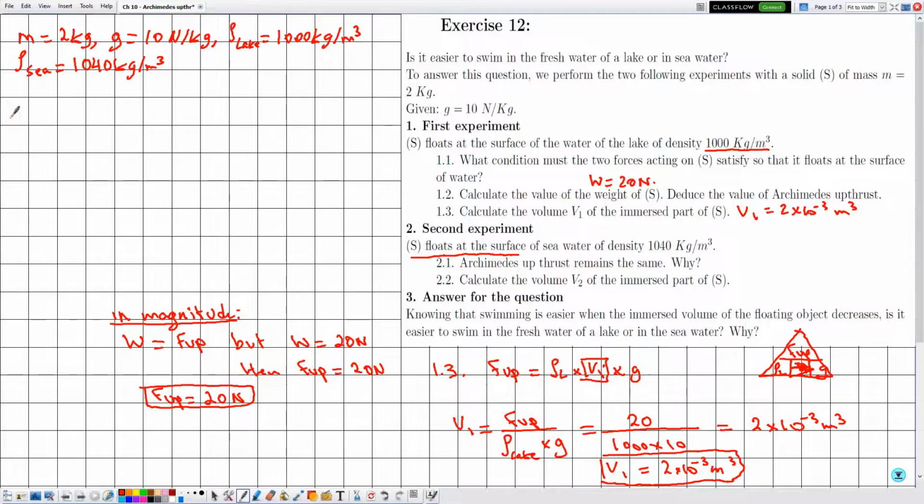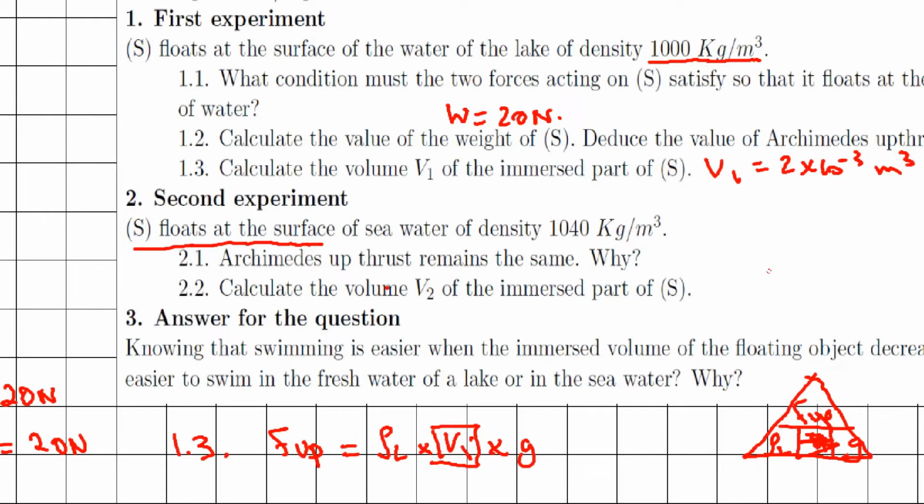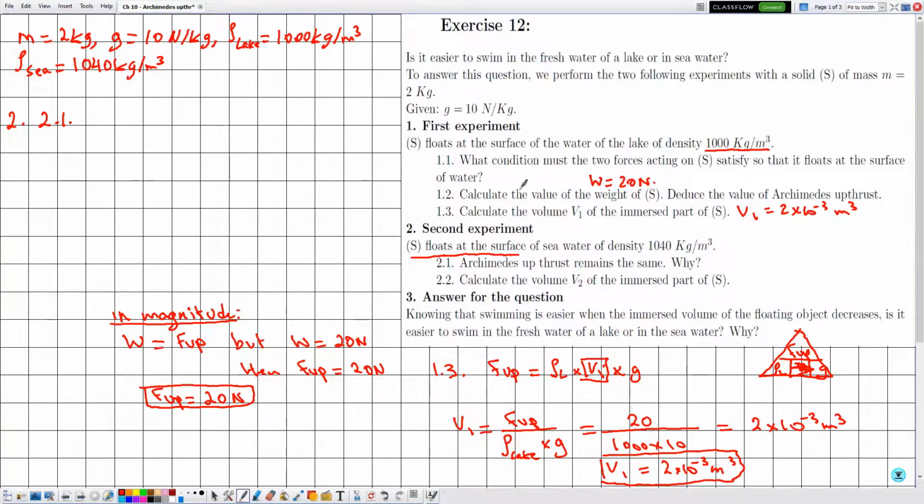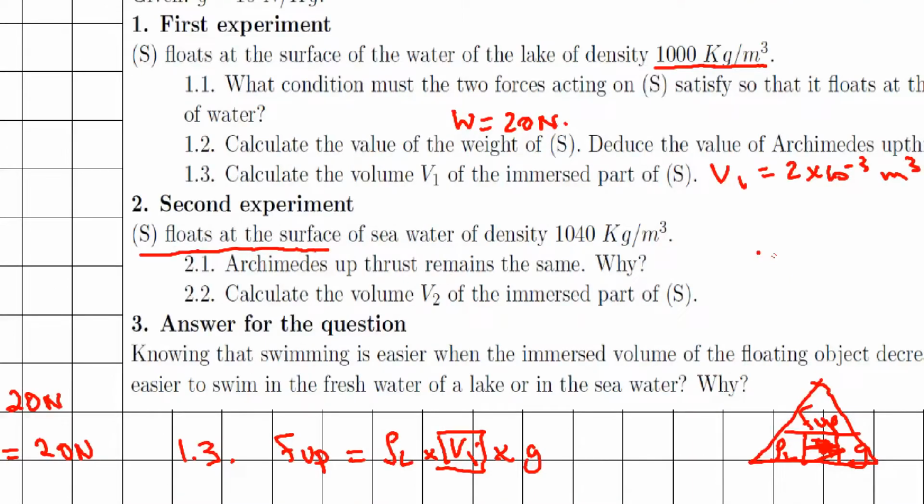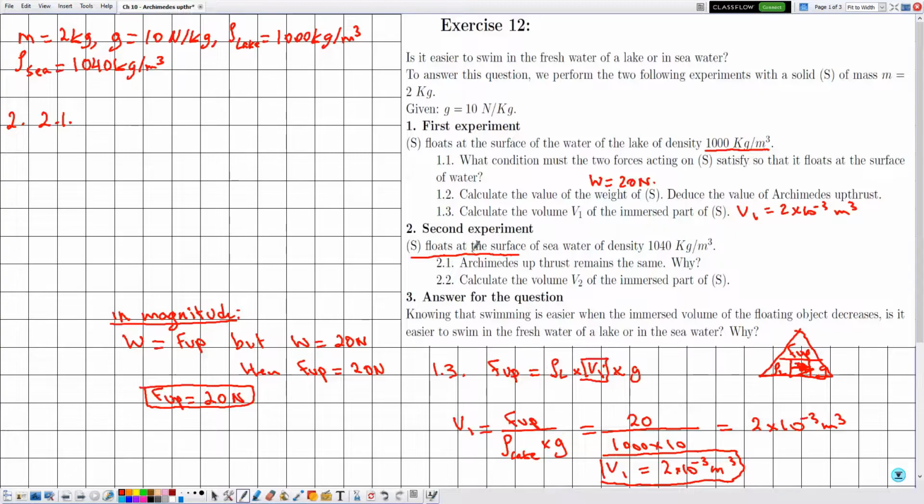So we are in the second experiment, part 2.1. They are telling me that the Archimedes upthrust remains the same. Why? Because the solid S remains at equilibrium, although the liquid has changed from the water of the lake to the seawater.